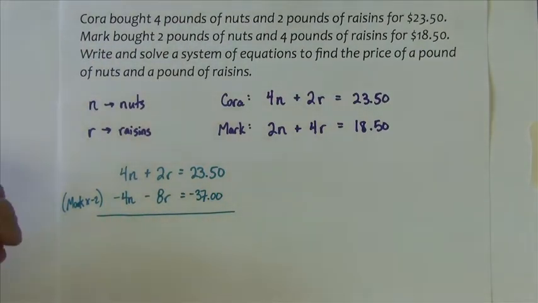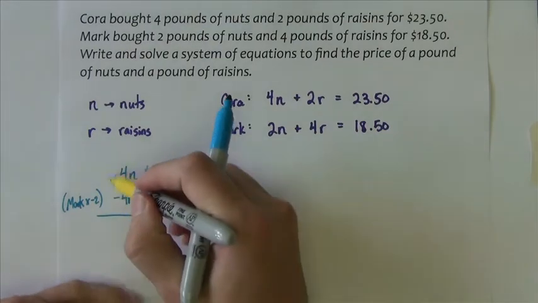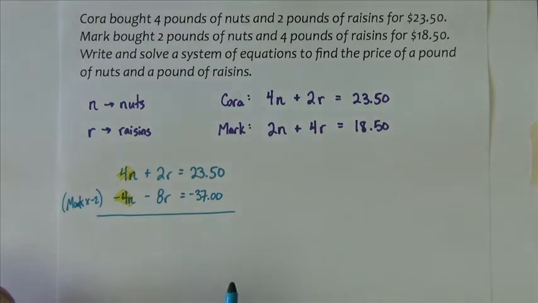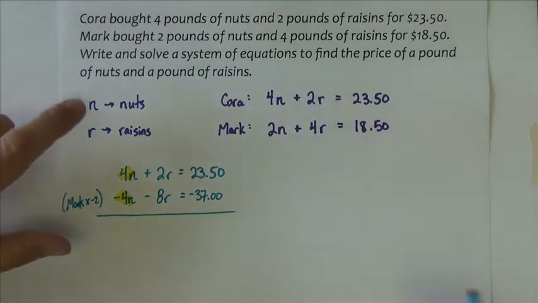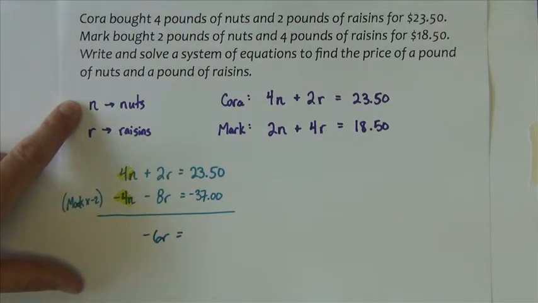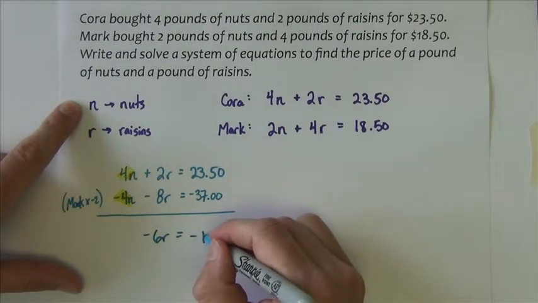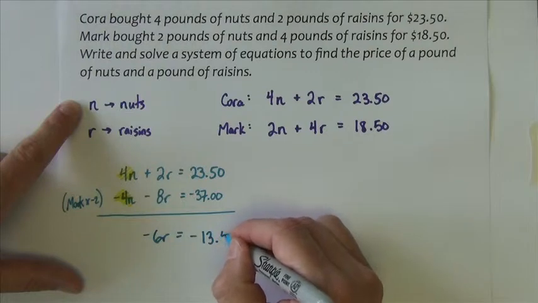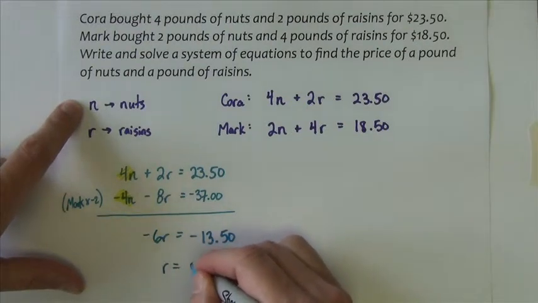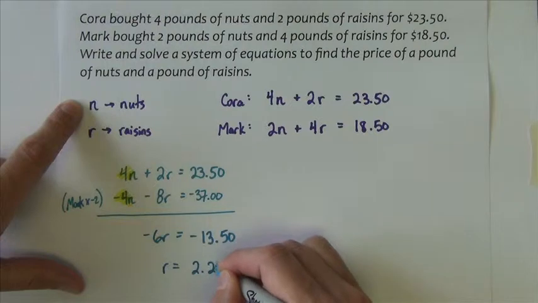Okay, by multiplying that by -2, so I'm choosing an elimination method, causes these n's to add to 0. So we get negative 6r equals, it's going to look like negative 13.50. I'm just going to divide 13.50 by 6, and r is 2.25.